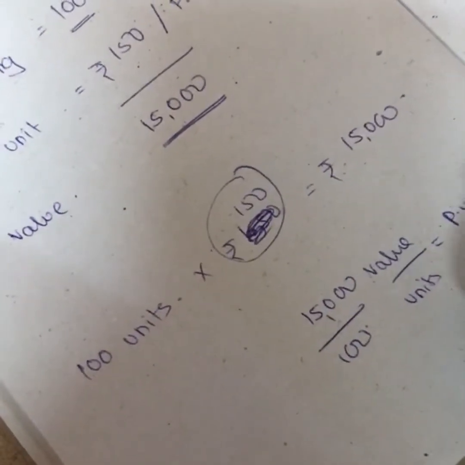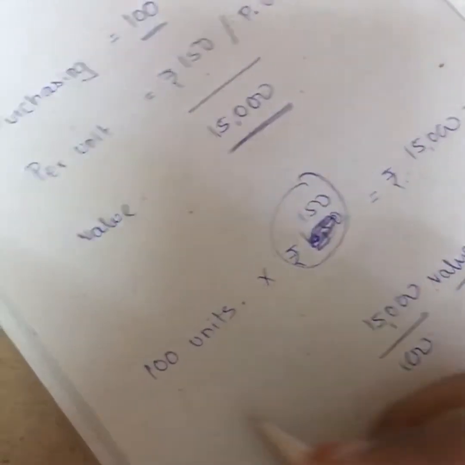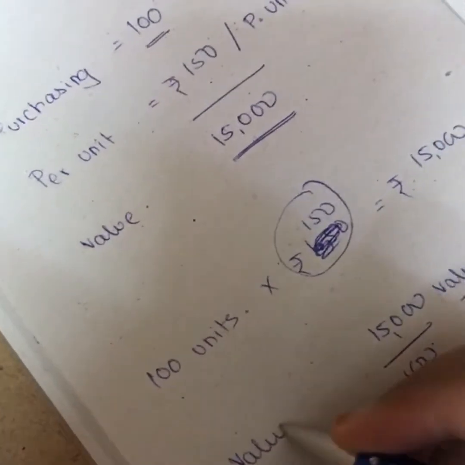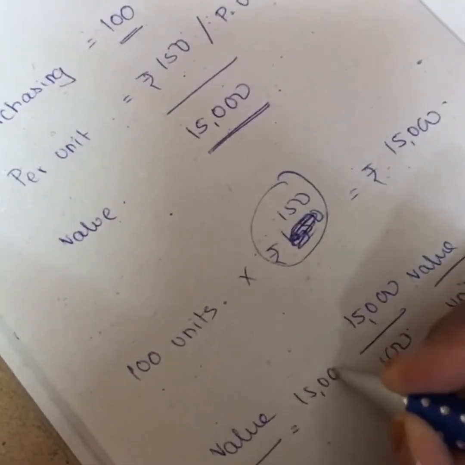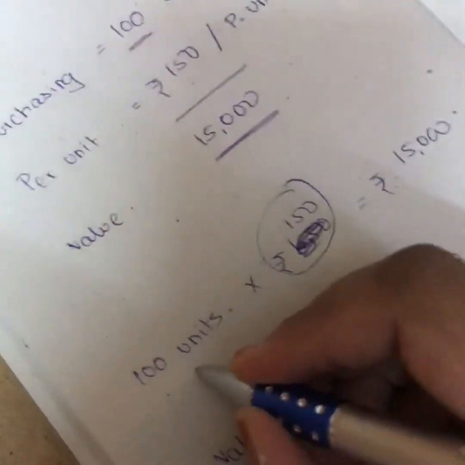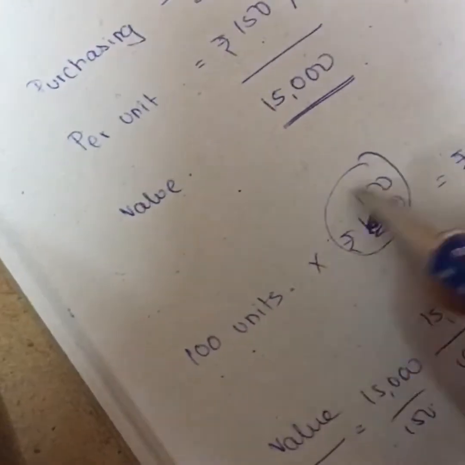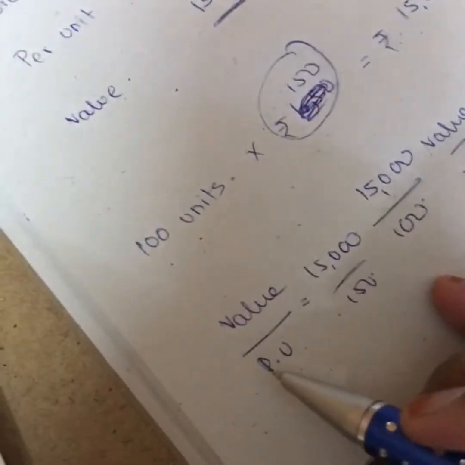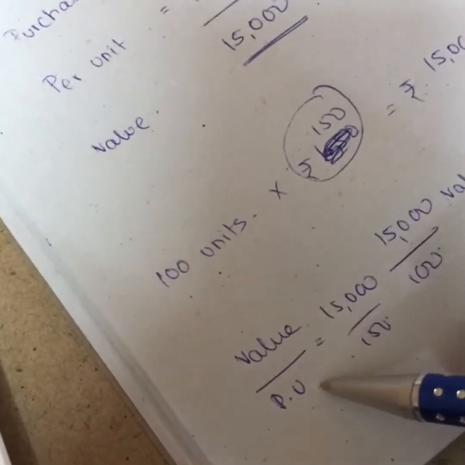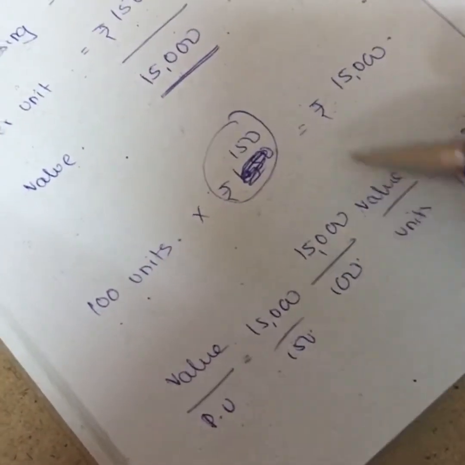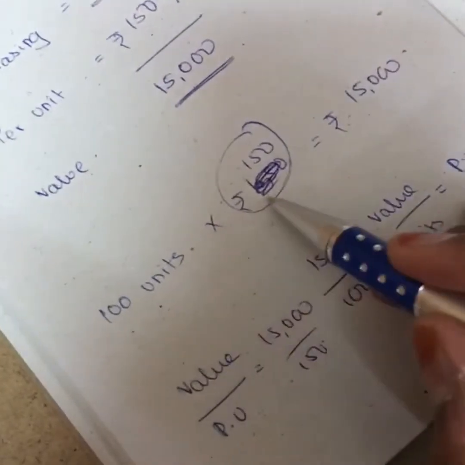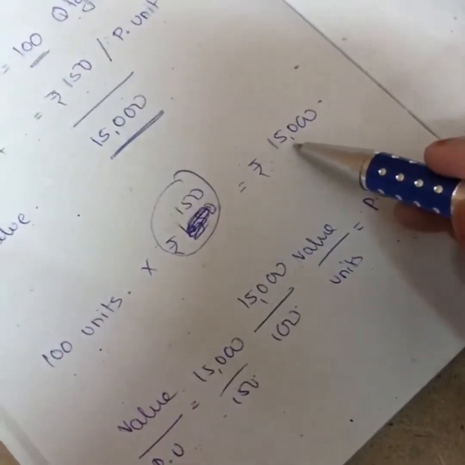The same way for units: if you divide value by per unit, that is 15,000 divided by 150, you get 100 units. If any one of these figures is missing, we can still calculate it. Value divided by per unit gives units, value divided by units gives per unit, and if I multiply these two, I will get my value.